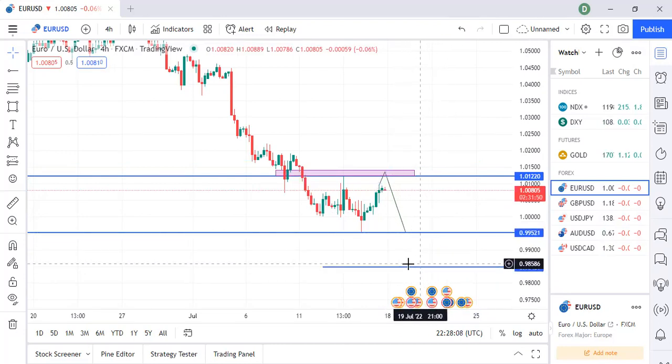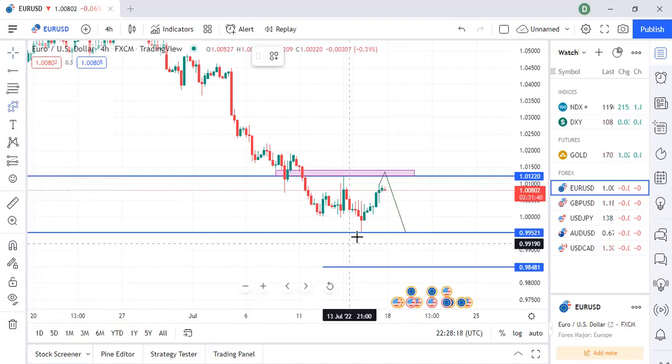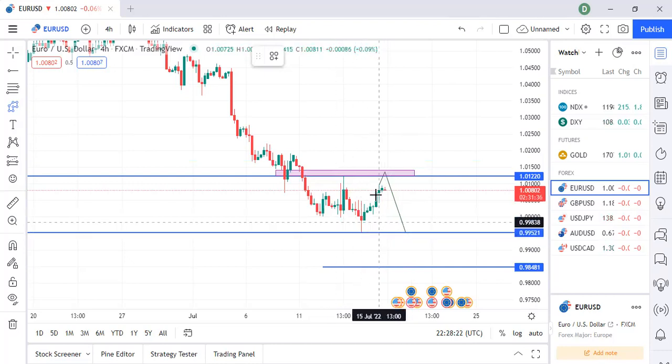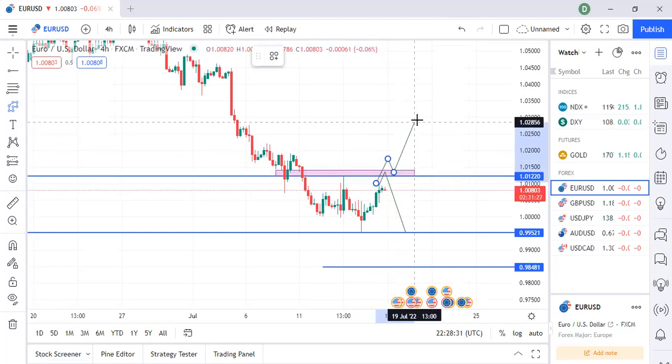But this is my final target on EURUSD. If we break through the support level, because that is a liquidity level, I'm expecting price by the close of this week to take out this liquidity, if the market does not do any sort of breakout retest and continue in the upward movement.